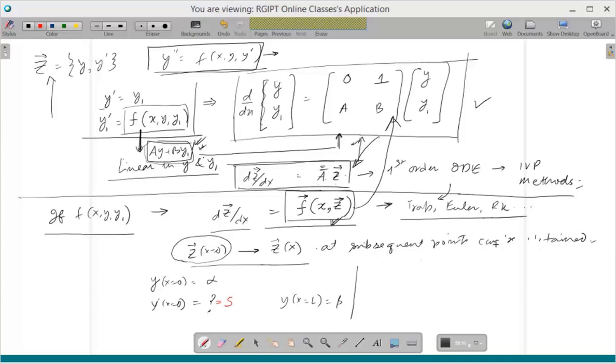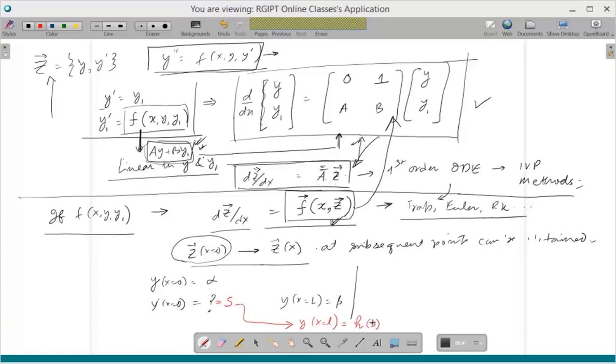So then I can use these IVP methods to calculate y at x equal to L. Using this, I can obtain some y at x equal to L. Let's call that h, which will be a function of s.